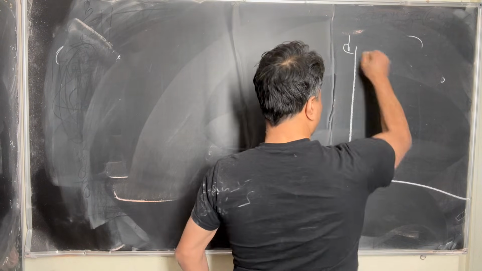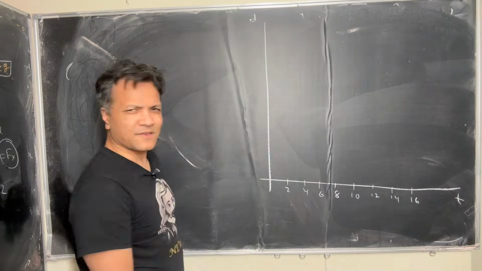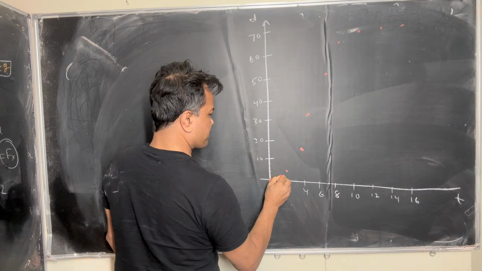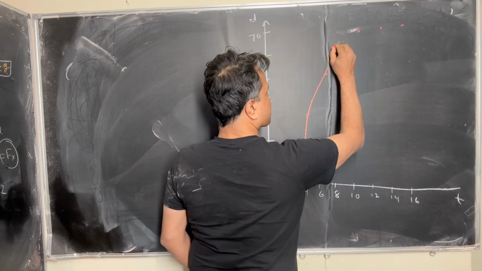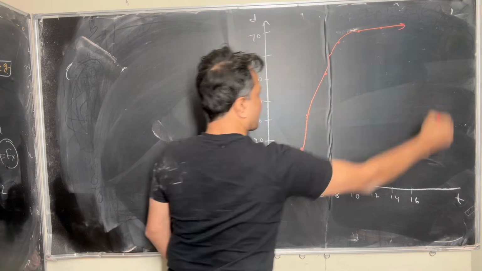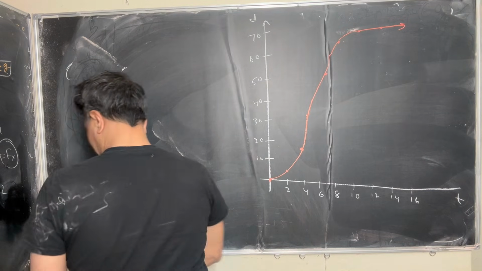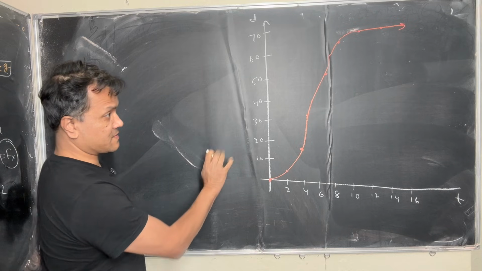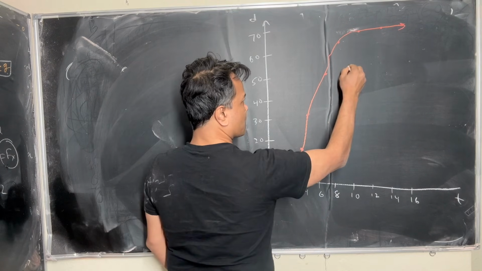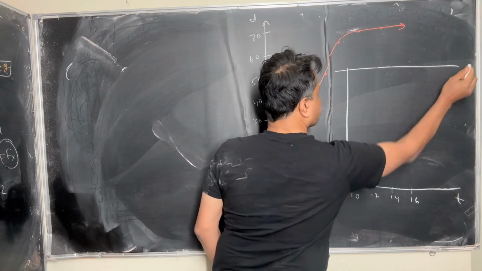This is D, this is 2, 4. So you're going to draw the line. Okay, now what we're going to do is create a table from this. I'm going to create the table over here, so it's going to be better.